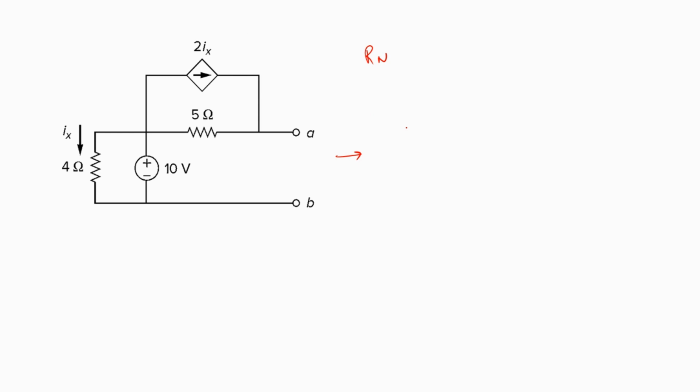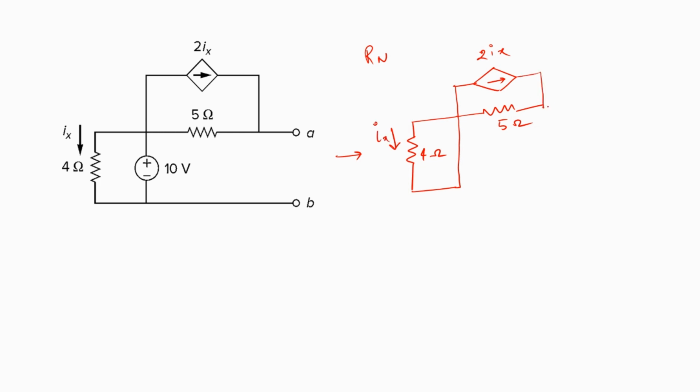So on redrawing, I will be able to obtain a circuit with the 4 ohms intact, short circuited independent voltage source. This is my 5 ohms. This will remain as it is, 2Ix, where Ix is nothing but the current through the 4 ohms. And this is followed by connecting a test source of 1 volt across AB.